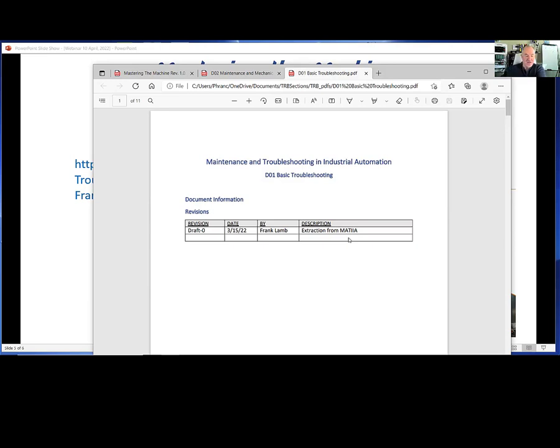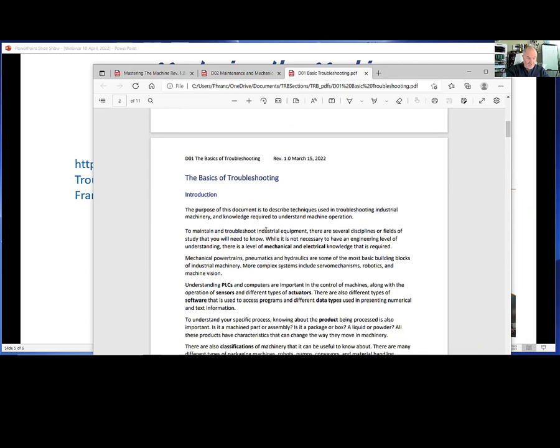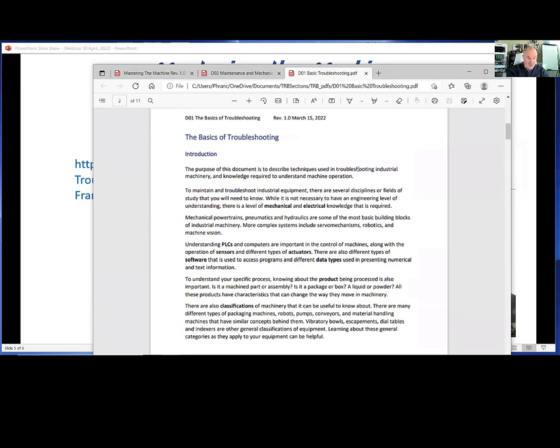The first section starts right here with the basics of troubleshooting. It describes techniques used in troubleshooting industrial machinery, and the knowledge required to understand machine operation. So a lot of the book is that prerequisite knowledge that maintenance people would need in order to troubleshoot machinery, you know, electrical knowledge, mechanical knowledge, all that.